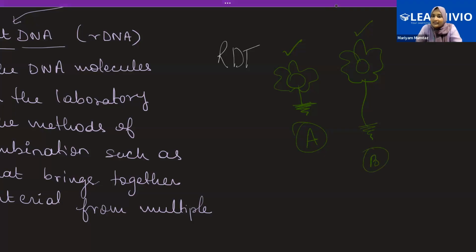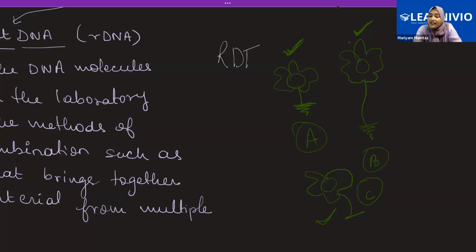So what they did is they take the all-season gene from plant B, the salt stress tolerating gene from plant A, combine them and put them in a plant C. So now this plant is going to have the superior characteristics of A and B equally. Is it clear?